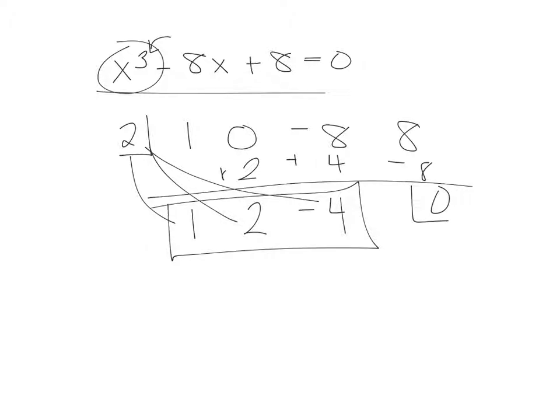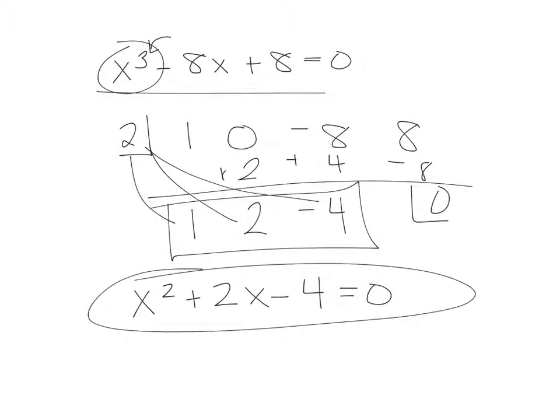And these are the coefficients. So we'll have 1x squared, which is just x squared, then plus 2x minus 4. And we'll set that equal to 0. Now we're going to take this equation and solve for the other solutions in Part C.